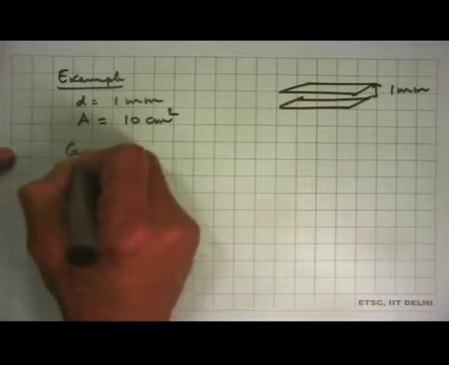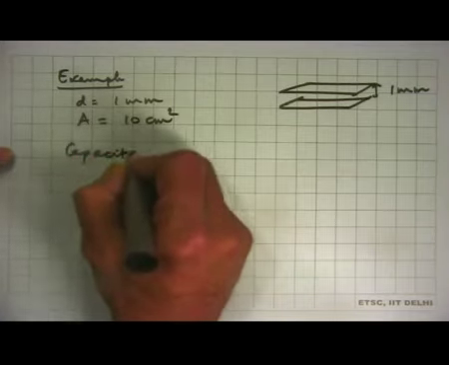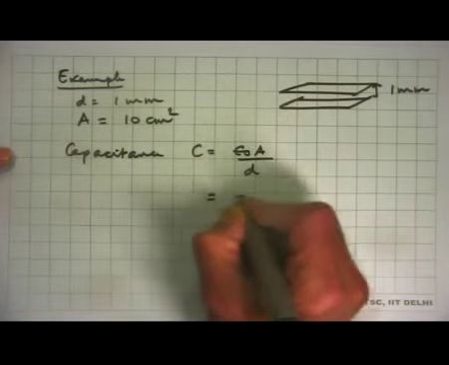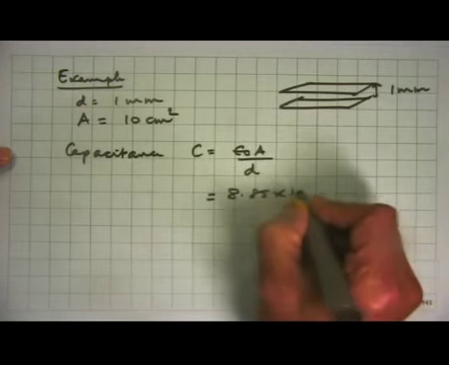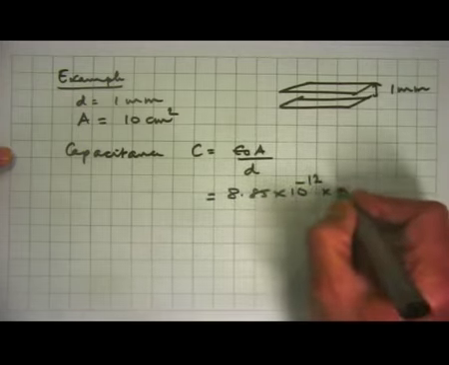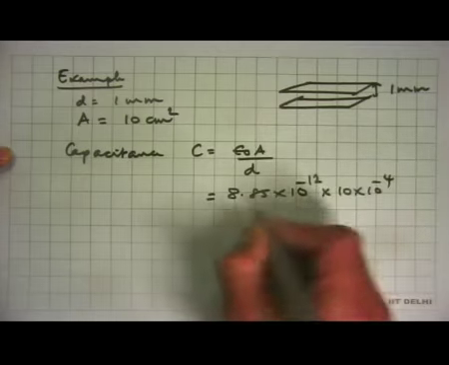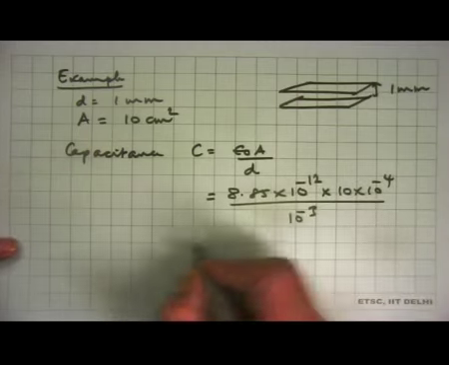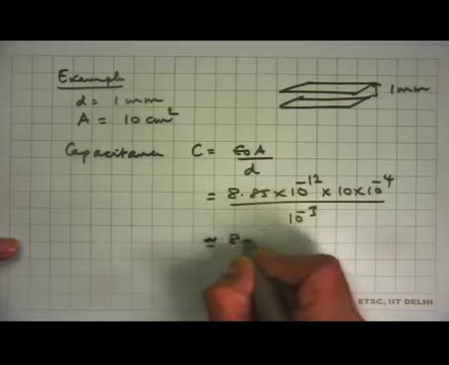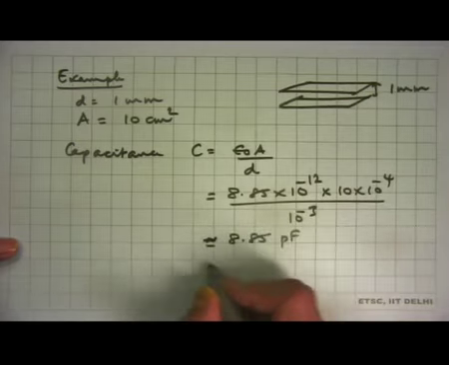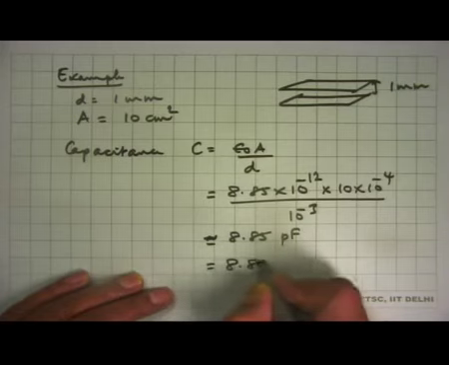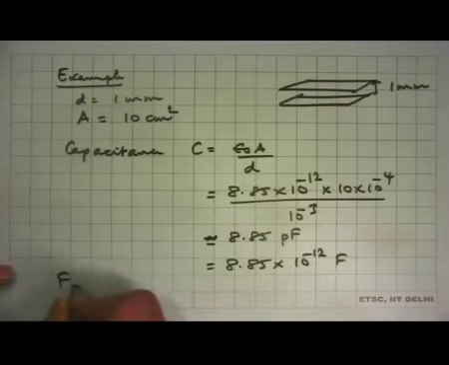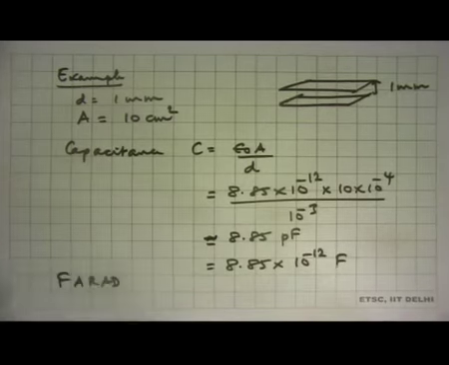So, capacitance of this is epsilon 0 A by d, which is equal to 8.85 times 10 to the minus 12 into 10 centimeter square, which is 10 to the minus 4 meter square, divided by 10 to the minus 3 meters, which is equal to 8.85 picofarad, which is actually 8.85 into 10 to the minus 12 farad. So, farad is a unit of capacitance.